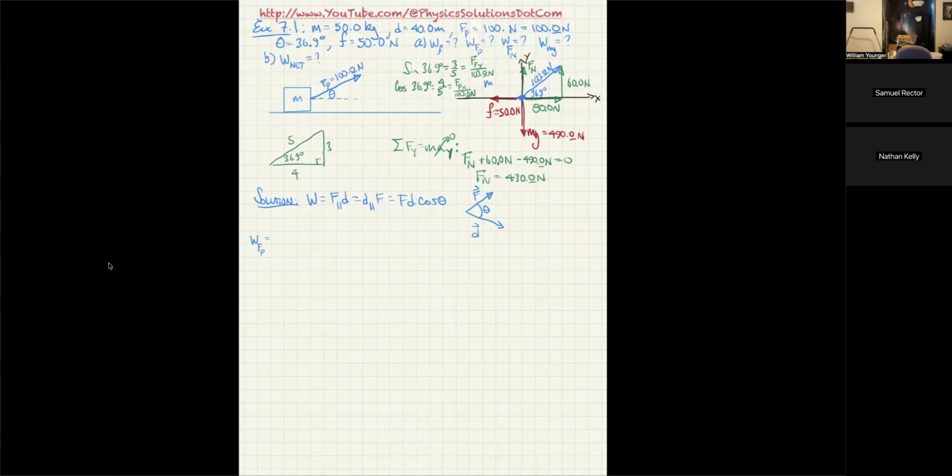I can draw it this way by putting a little blank mark in here. And then what we'll say is D is the vector that points from here all the way to here, and that distance is 40 meters.